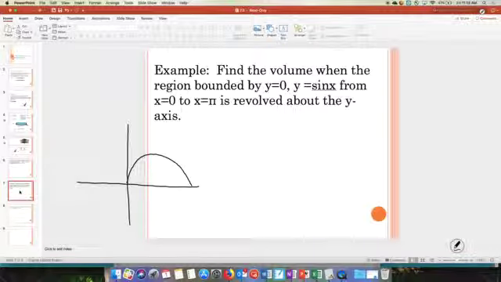Right? From 0 to pi. What I drew was this. 0 to 2 pi would be 0. What? The area.